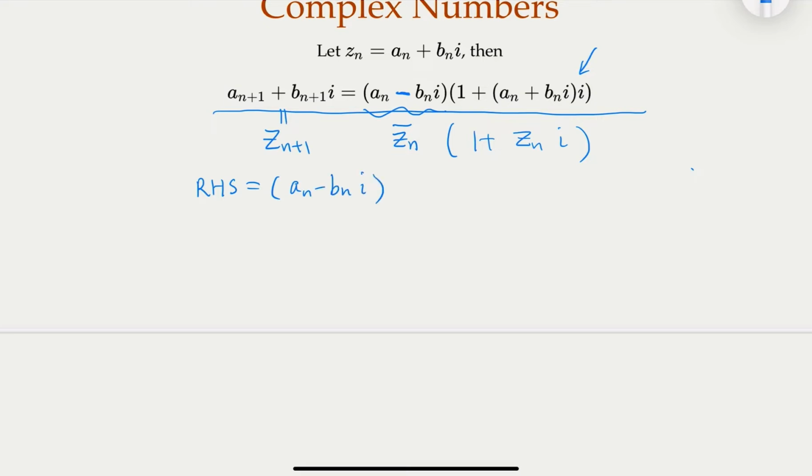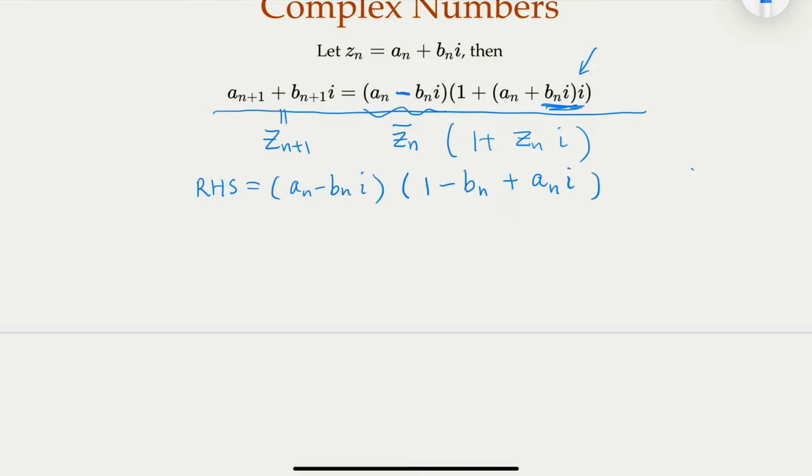The second term: i times an is an i, and i times bn i is bn i squared, which equals -bn. So you're going to have (1 minus bn) plus an i.